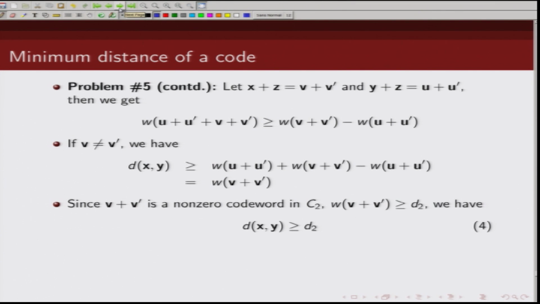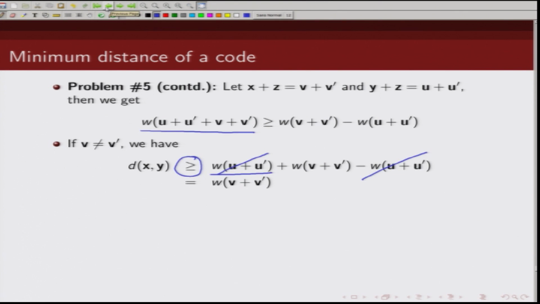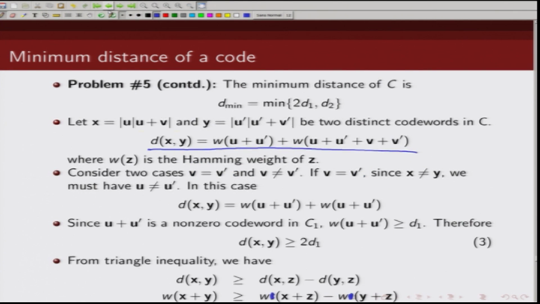If we compare equation number 4 and equation number 3, we can write that the minimum distance of the code is the minimum of 2D1 or D2.